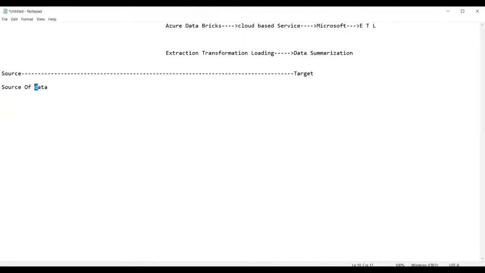So now, guys, tell me, what might be the sources from where you get the data? For example, you're recording some information about your house expenses.